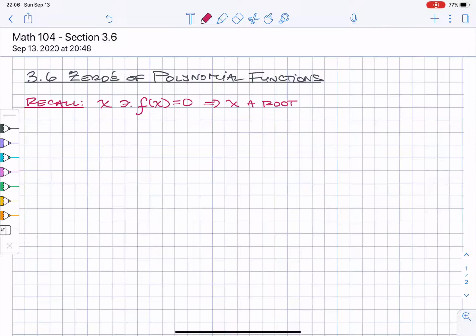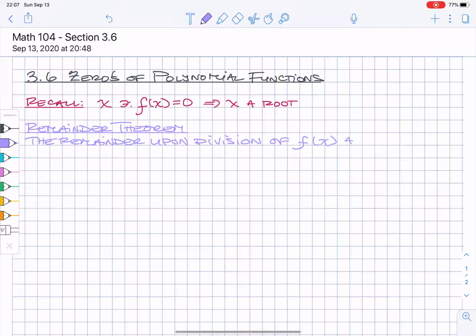So the remainder theorem. Okay, so the remainder upon division of f of x, a polynomial, by a linear divisor, x minus c, is equivalent to f at c.